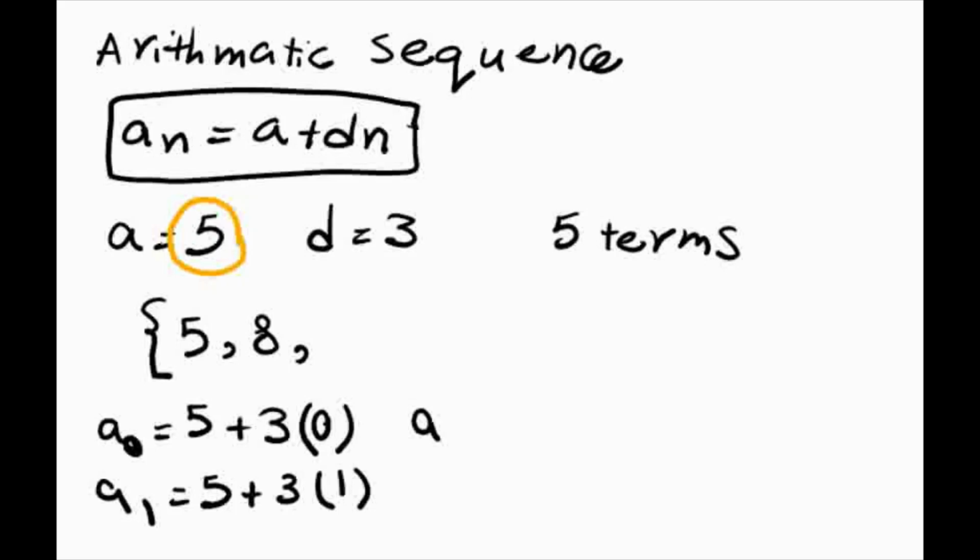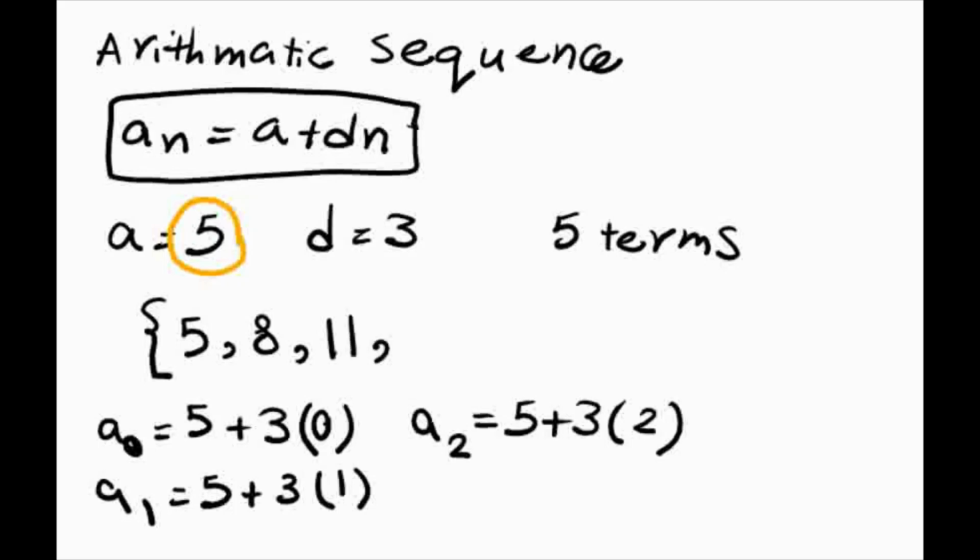We're just going to write it down by adding 3 to each one of them. So next one is going to be a sub 2 equal to 5 plus 3 multiplied by 2. 3 multiplied by 2 is going to give us 6. 6 plus 5 is going to give me 11.